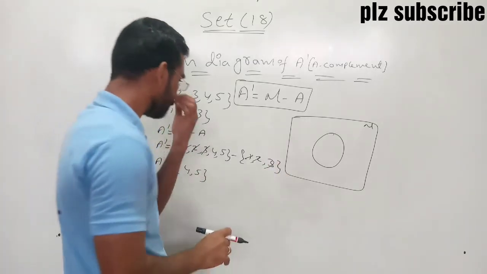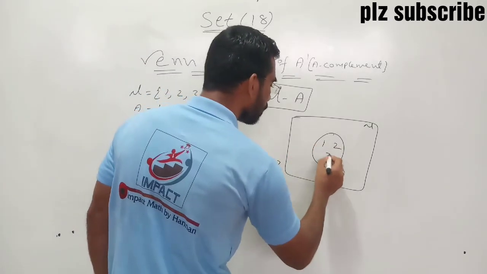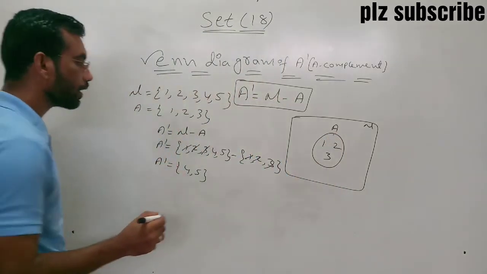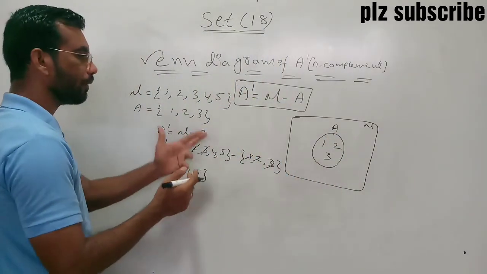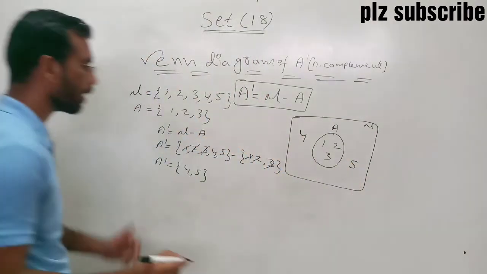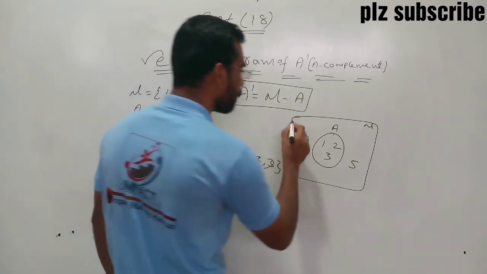Now, 1, 2, 3 is in A, so make it A. What are the remaining elements in mu? 4 and 5. So how do we draw the A complement?